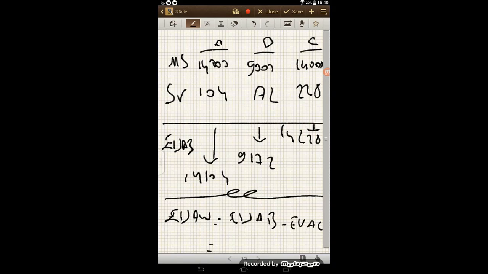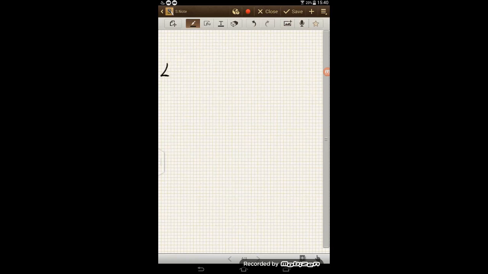What we are going to do, again for A, B, and C, is find the equivalent uniform annual worth.